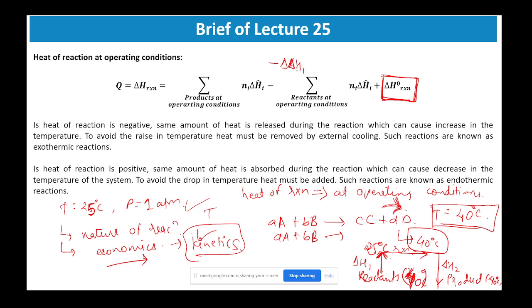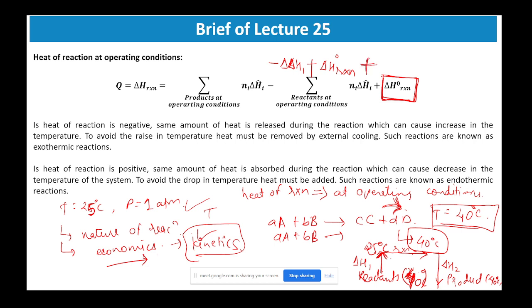Now you are performing the reaction at 25 degrees Celsius, and the heat associated with the reaction at 25 degrees Celsius is delta H reaction naught, which is the standard heat of reaction.